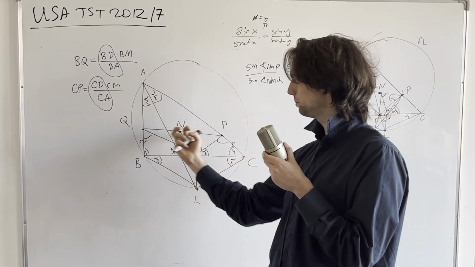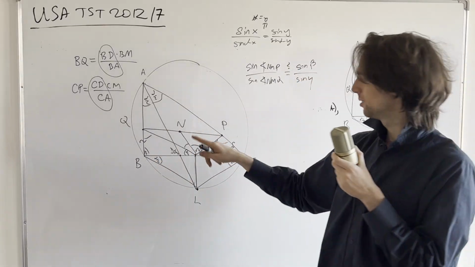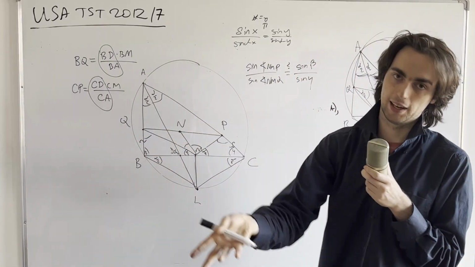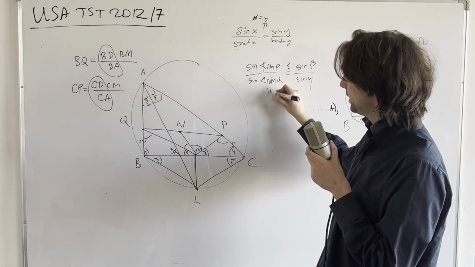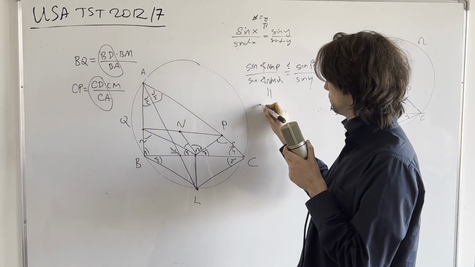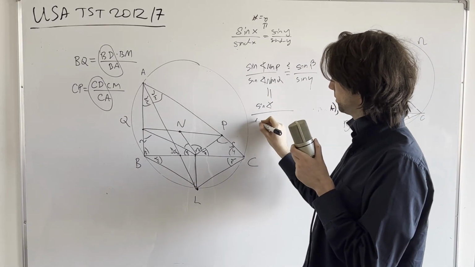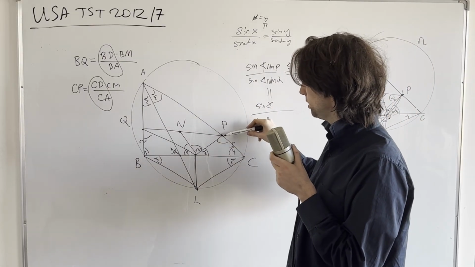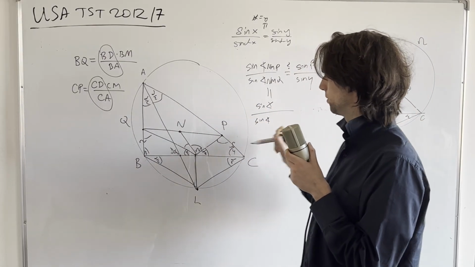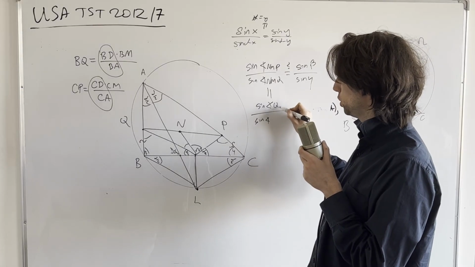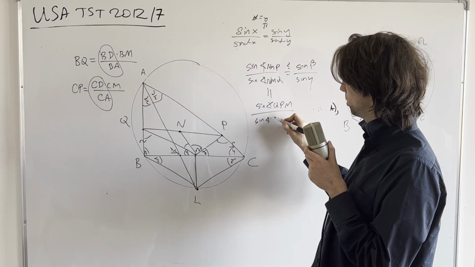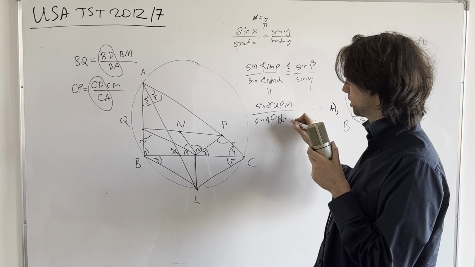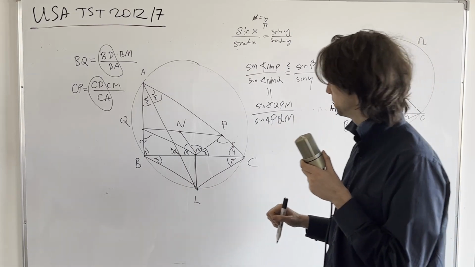Well, because this is the midpoint, I have from these two triangles applied the sine theorem there. I have that this is equal to sine of the angle NMP, so that gives me sine of the angle QPM over sine of the angle PQM, I believe.